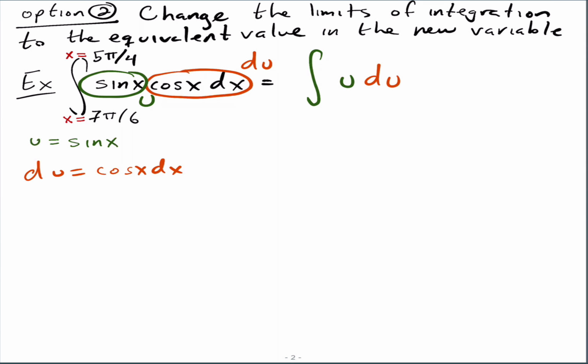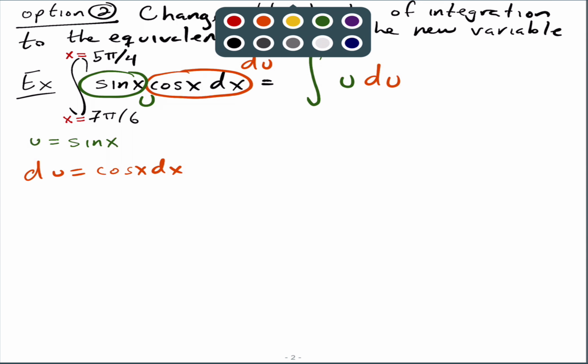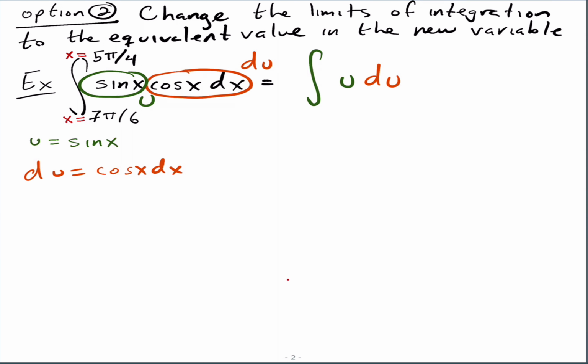So what we do here is we say, okay, if x goes from 7 pi over 6 to 5 pi over 4, let's change those to what u equals, given this substitution that we picked, u equals sine of x.